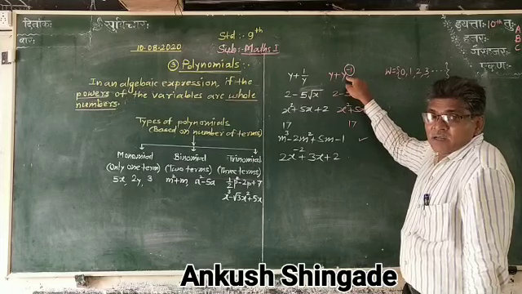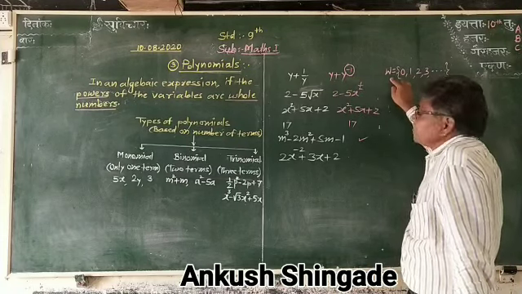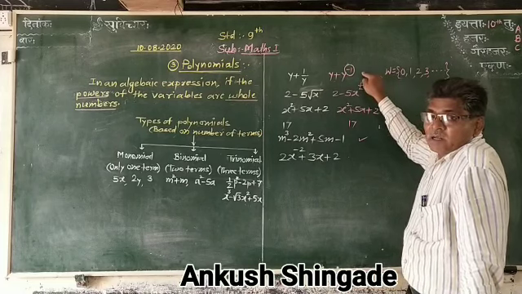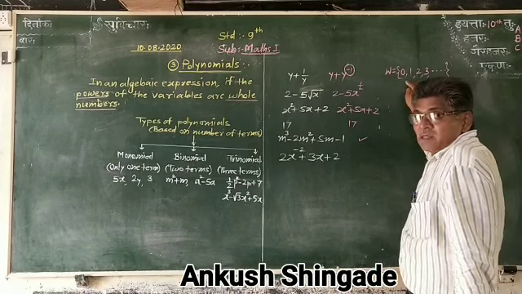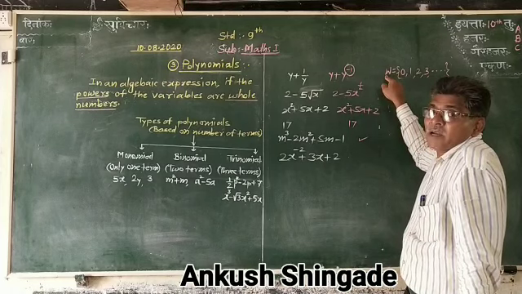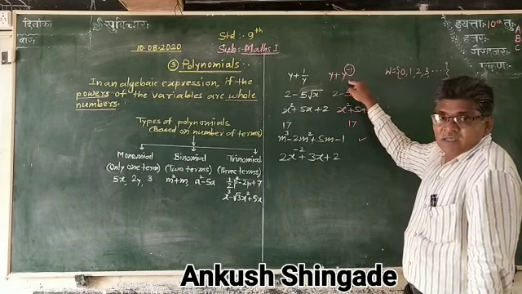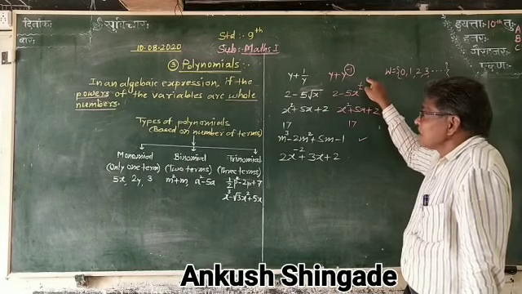And minus 1 is not included in W, the set of whole numbers denoted by capital W, W for whole. So minus 1 is not a whole number.